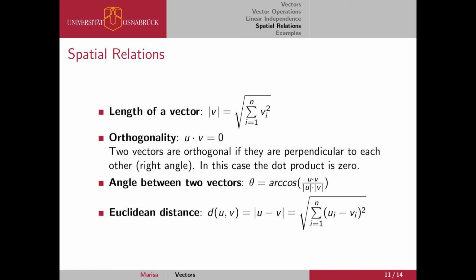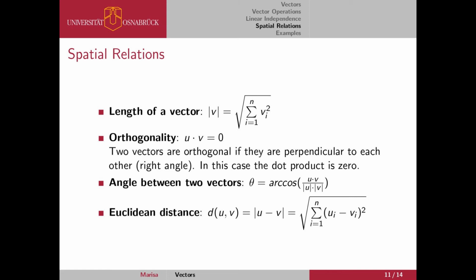And the formula for calculating this is that for each element of our vector, so each entry that is written in the parentheses, we square this, and we add all of these up, and finally we take the square root of them. And therefore the formula here is the square root of the sum that starts at i equals 1 and runs until n of the entry v_i squared.